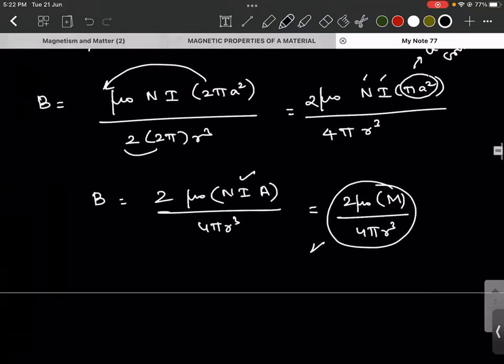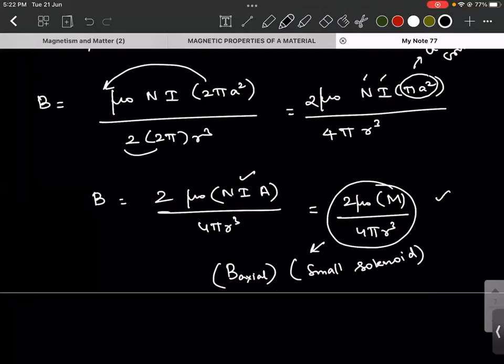So what is this expression? This is the value of magnetic field produced along axial point due to a small solenoid. But what is this output looking like? So is it not similar to the small bar magnet?